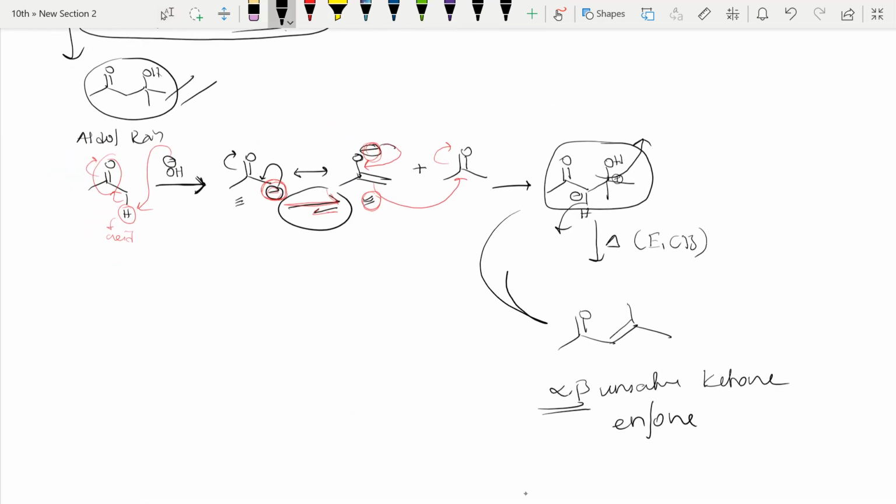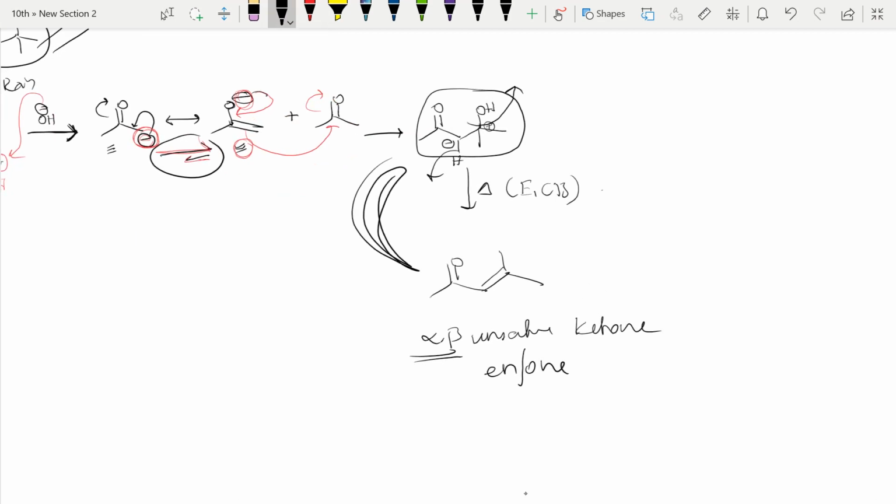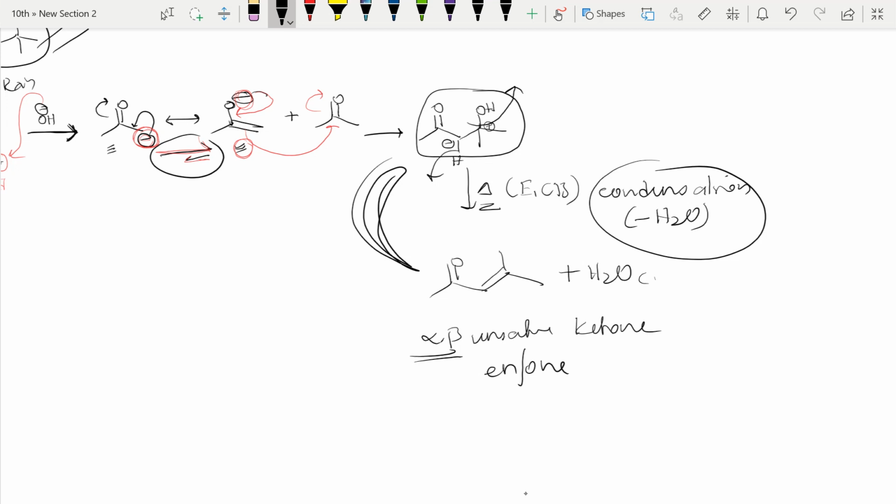This and this, the only difference is after condensation we'll get this one. What is condensation? Condensation is nothing but removal of a water molecule, H2O. How will we remove it? We just heat the reaction. After heating, the water molecule is removed, so water will be in the gaseous state. So entropy increases.